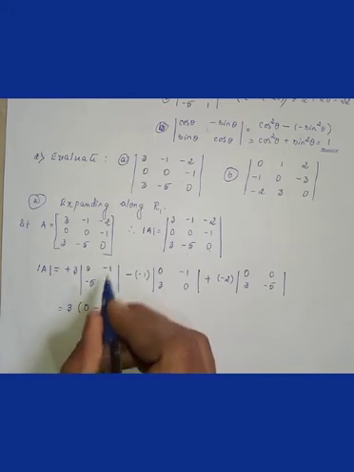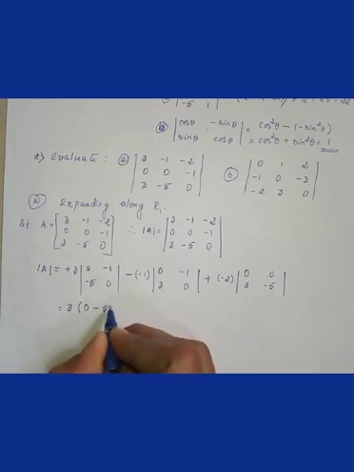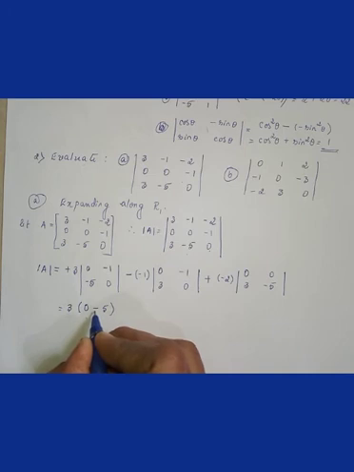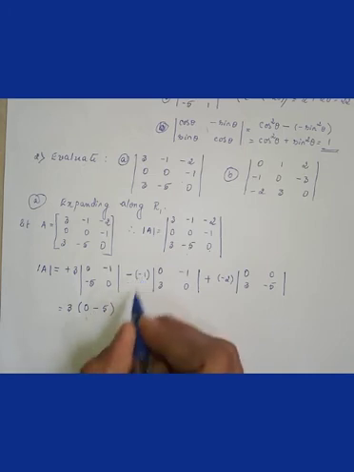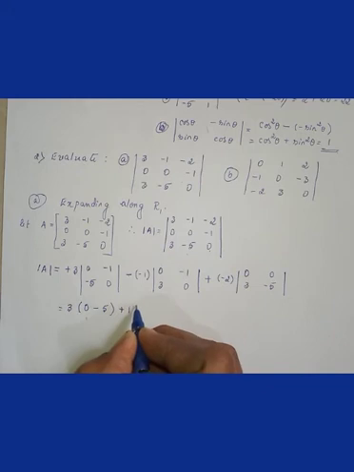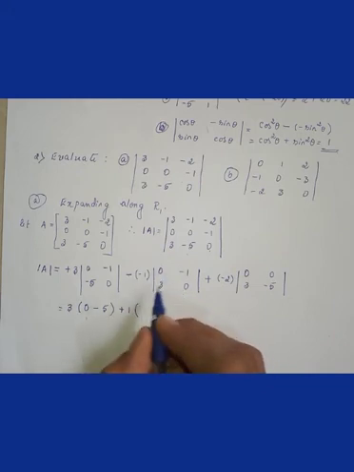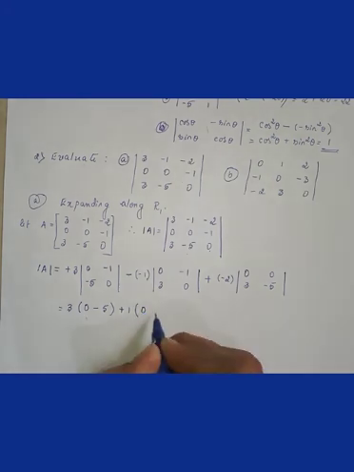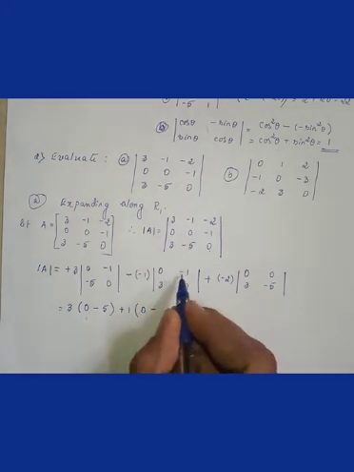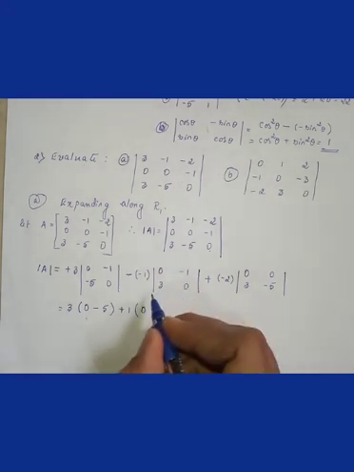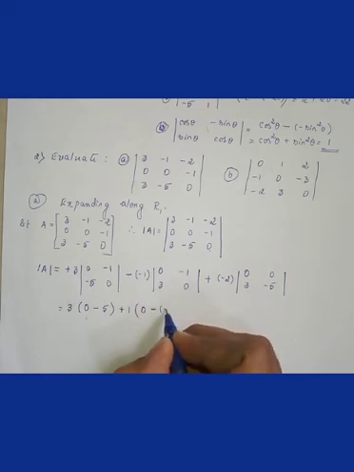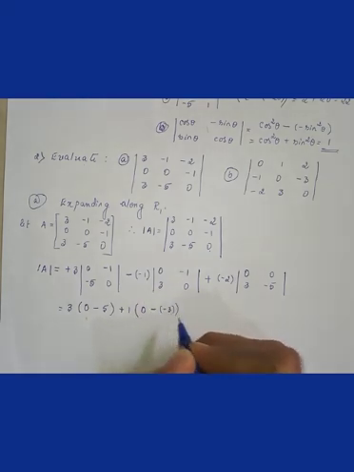Minus 5 into minus 1 is plus 5 here. Already this is in the definition. Minus into minus is plus 1 into, multiply the diagonal elements, 0 into 0 is 0, minus multiply the non-diagonal elements, 3 into minus 1 is minus 3.